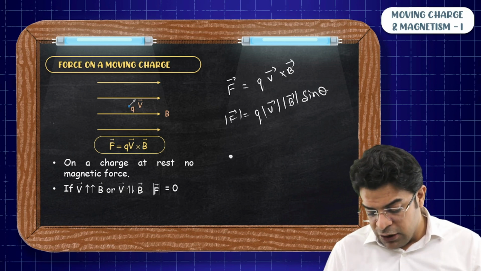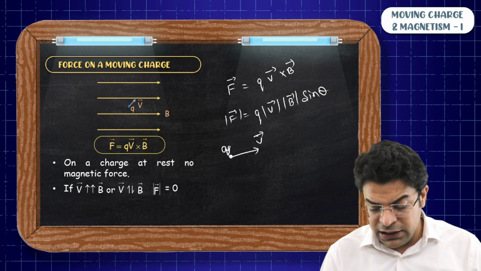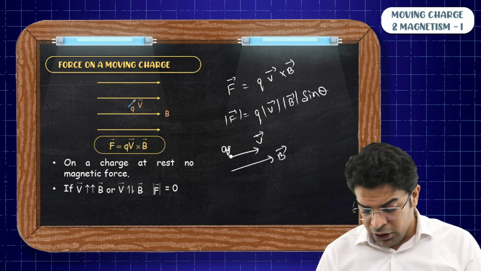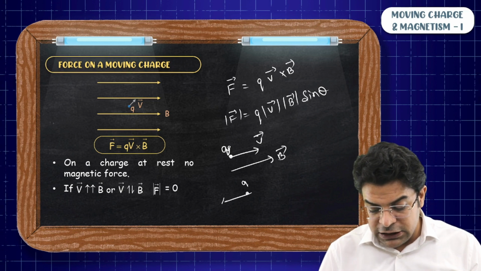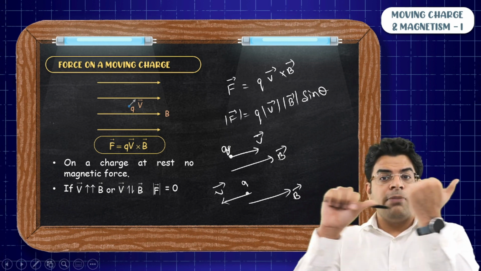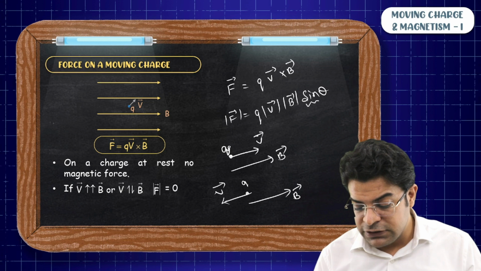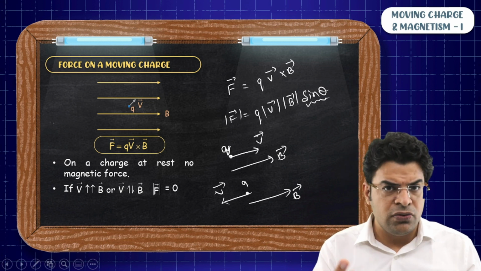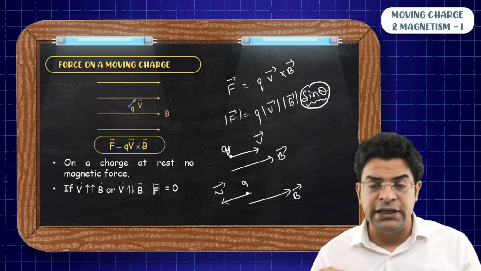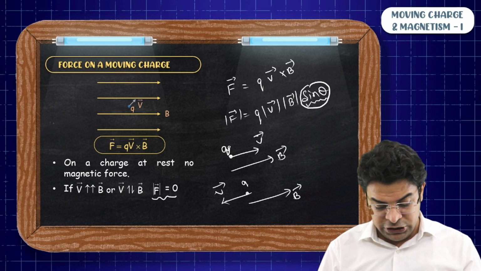If the velocity of the charged particle is in the direction of magnetic field, so if v and B are parallel, or if the velocity of the charged particle is in direction opposite to magnetic field, so the velocity and magnetic field are anti-parallel, then in both the cases the value of sine theta becomes 0. Sine 0 is 0, sine 180 is 0. Since in both the cases the value of sine theta becomes 0, you will say that in both the cases the magnetic force will be 0.